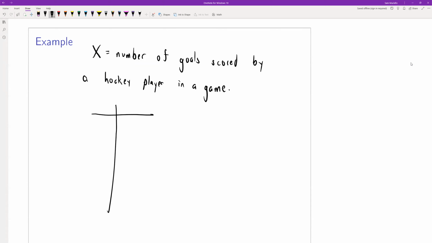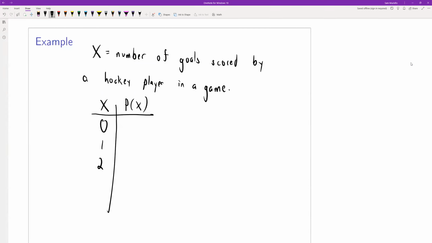So we can look at the long-term outcome of certain games and look at the different probabilities. The first column in the table will represent x, and the second we'll say is going to be p of x, which is the probability of that number of goals being scored.